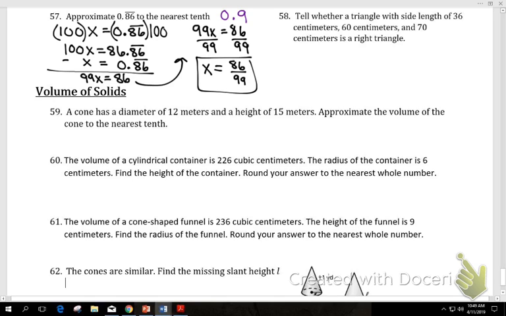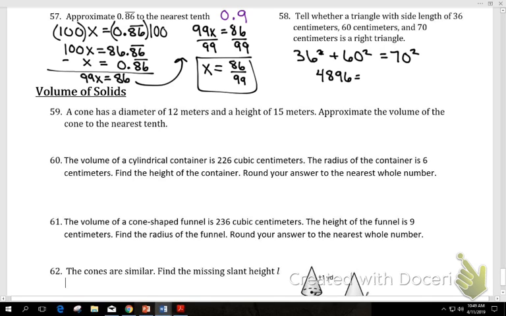Okay, all right, let's go ahead and start working on number 58. 36 squared plus 60 squared equals 70 squared. Is that true? Well, 36 squared plus 60 squared is 4896. So if the other side is 4896, then I'm good to go.